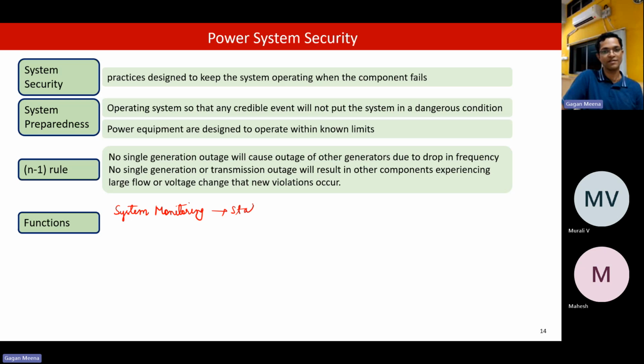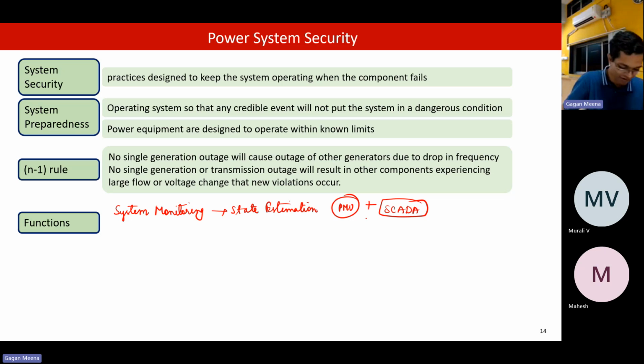This is done by state estimation. Now we have these PMUs. Actually, now we are in a state where we have a mixed system: the SCADA system plus PMUs. PMUs are not installed at each and every substation. We have PMUs at 400 kV and above.